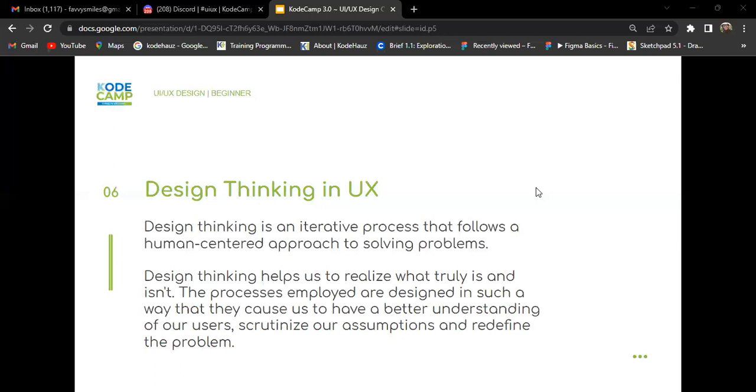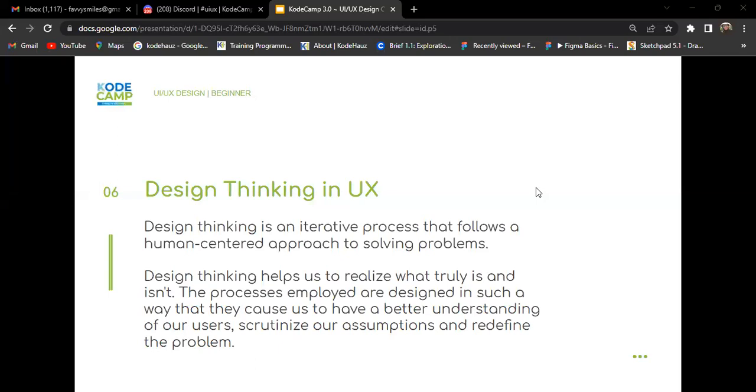So if they suddenly get a client or a company who has asked them to work on a project, they're not going to jump right into Figma and start designing stuff. But batch B, or group B, they're probably going to do that because they do not understand design thinking.